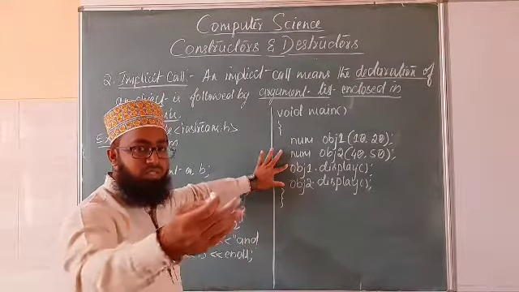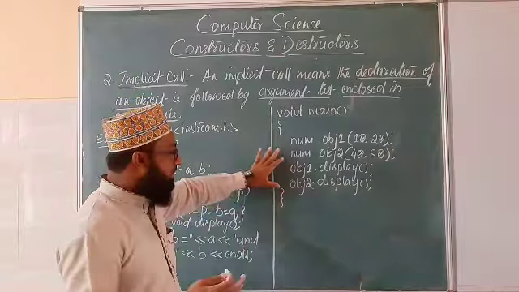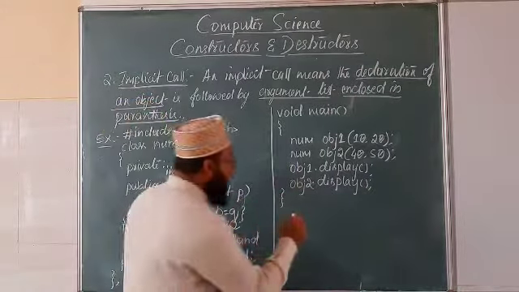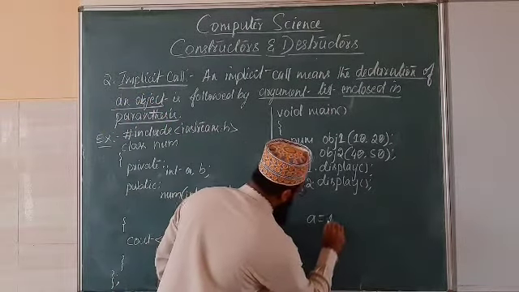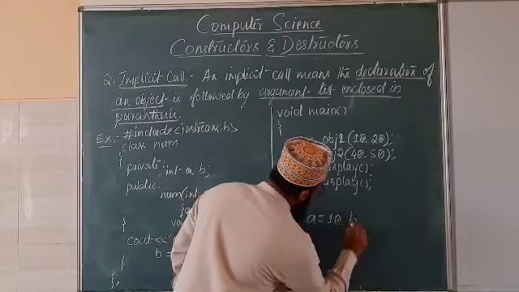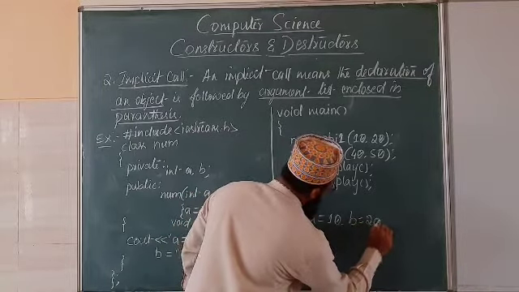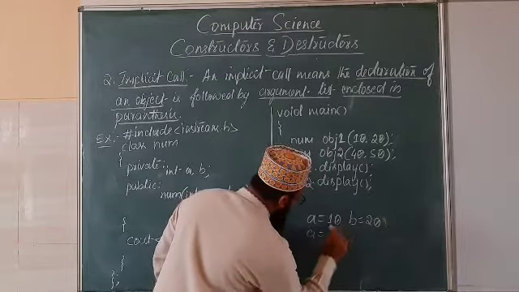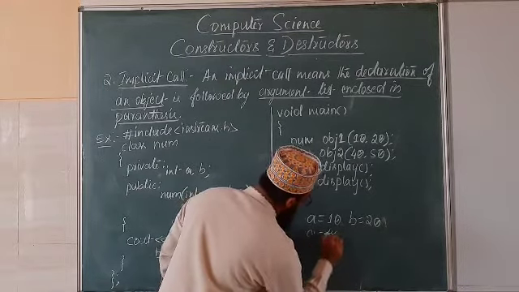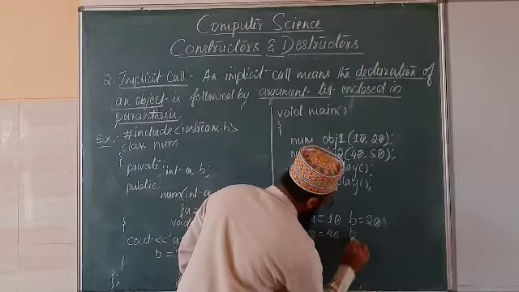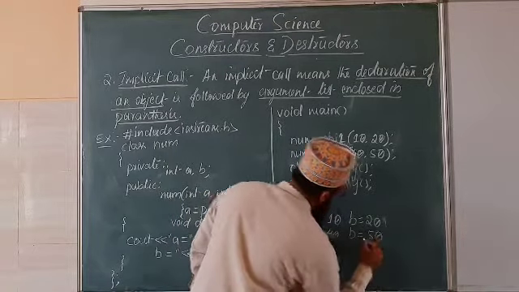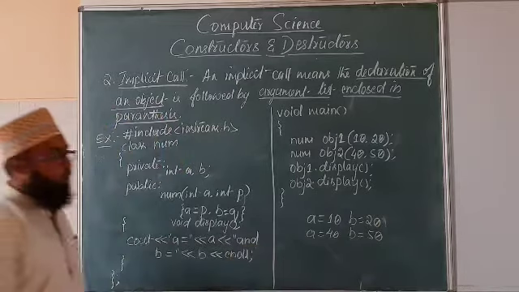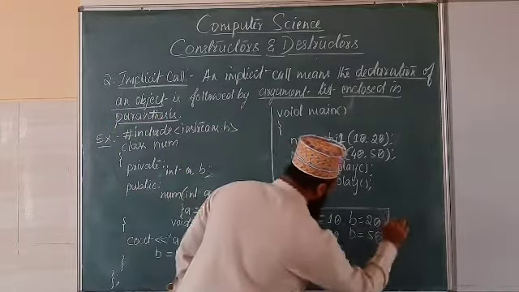First constructor equals this, second constructor equals this. We have not given any output statement, so just the answer will be A equals 10, B equals 20. Then, sorry, not like this. Then A equals 40, then B equals 50. This is the output of your programming example.